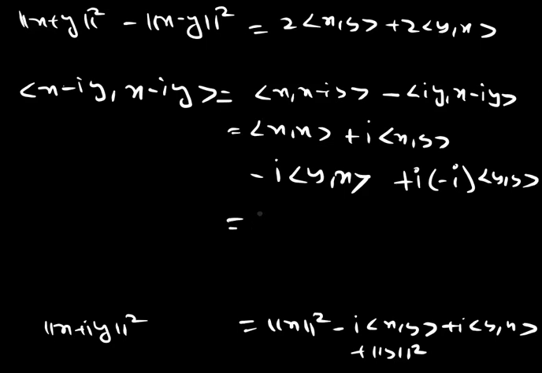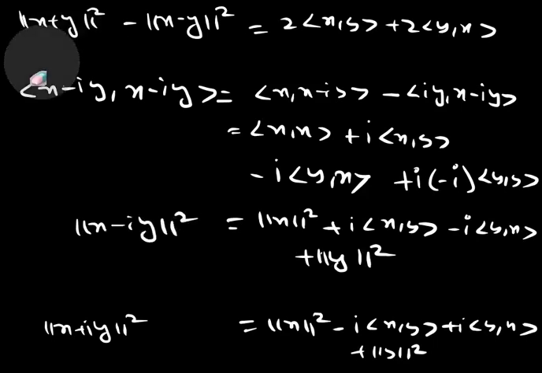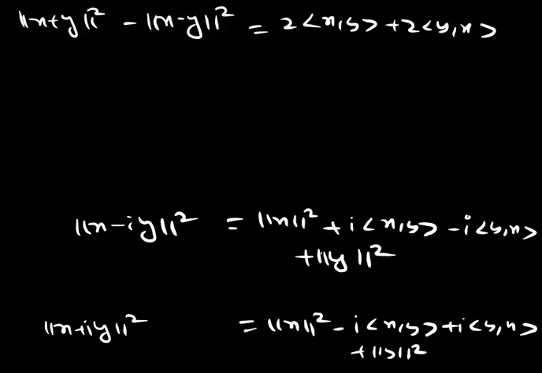This is the same thing as norm of x square plus i times inner product of x with y minus i times inner product of y with x. So i square is minus 1 times minus, so plus norm of y whole square. This is what norm of x minus iy whole square is. Okay. So what's the difference?